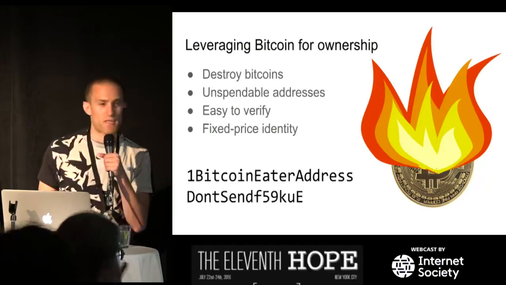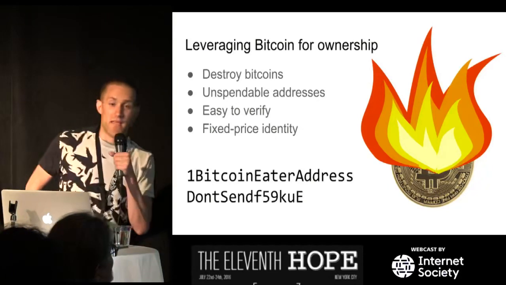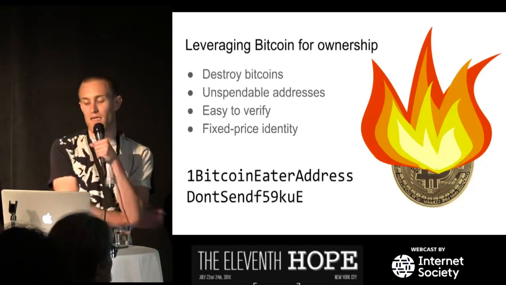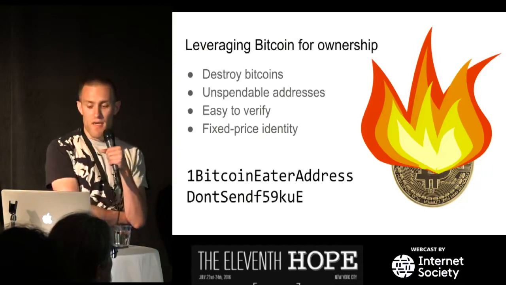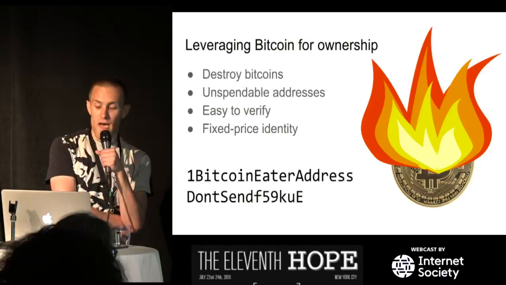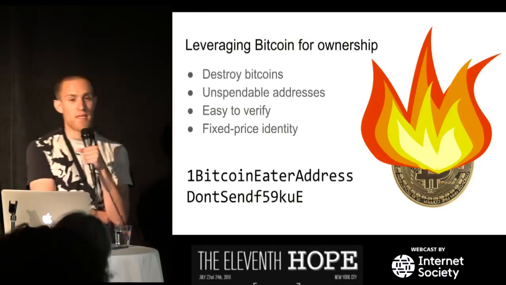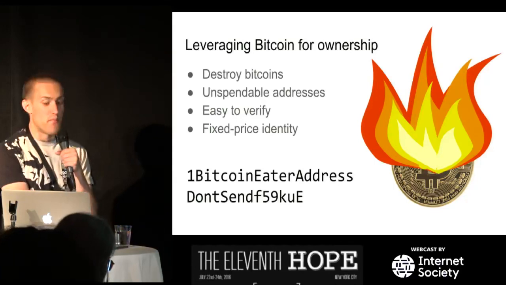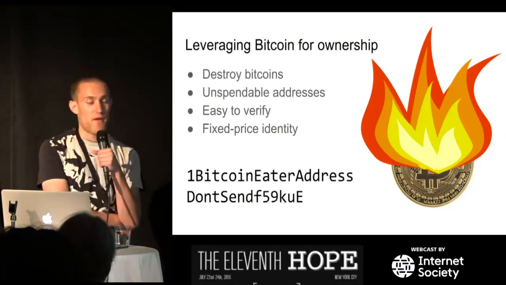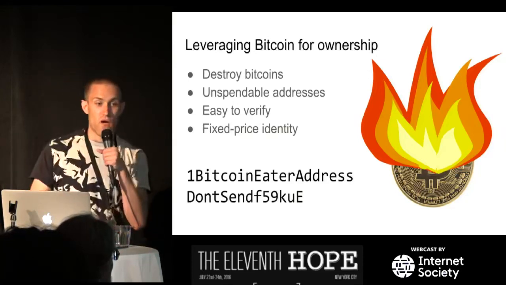One important thing to note about this is if you have more money, that does mean you can sign up for more identities. That's an important thing to understand. So as far as Exandria, I'm using Bitcoin for two distinct purposes. One is I'm asking people to burn Bitcoins to sign up for ownership. And the second thing, I'm also using it as a database to store identities.